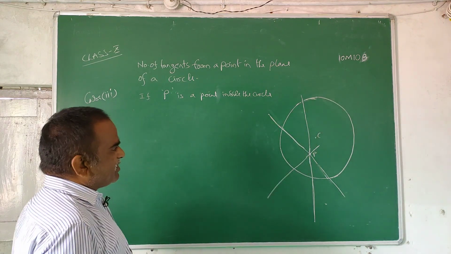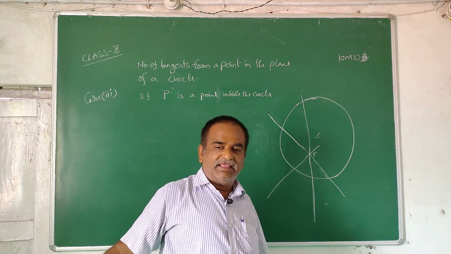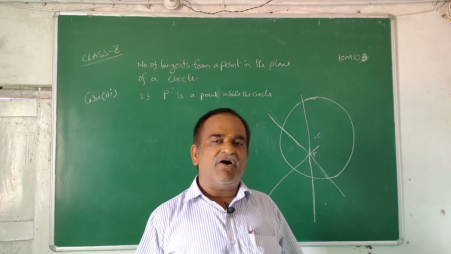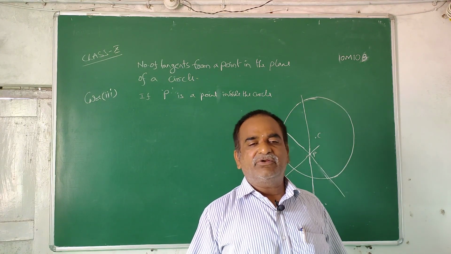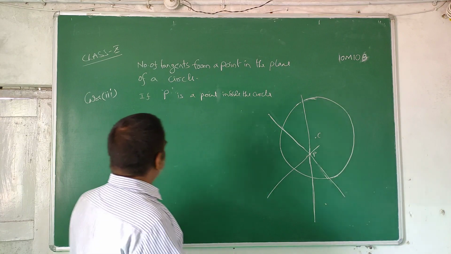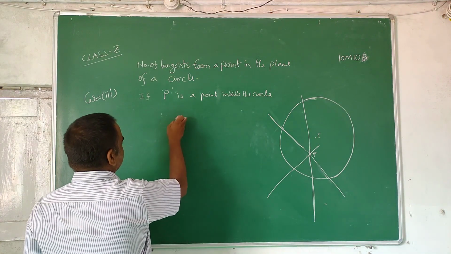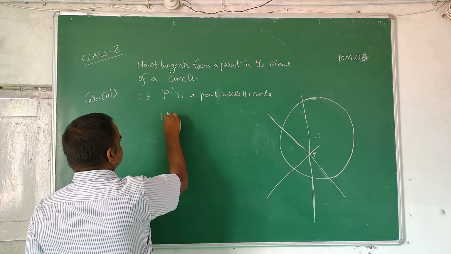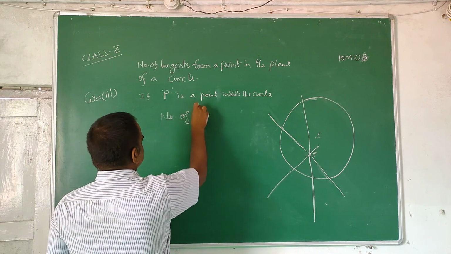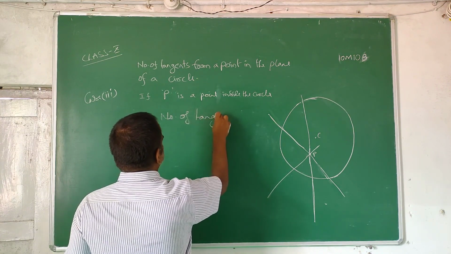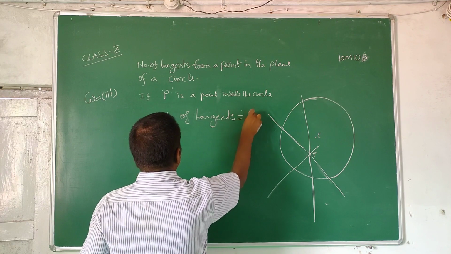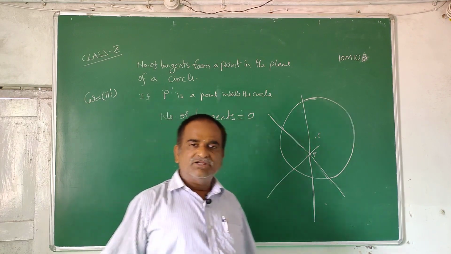So if the point P lies inside the circle, any line through the point P cuts the circle at 2 different points. So in this case, the number of tangents is equal to 0. Understood?